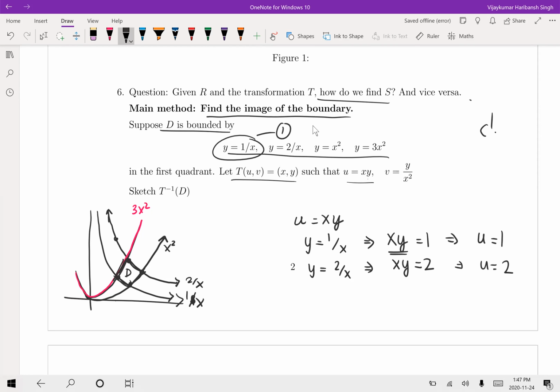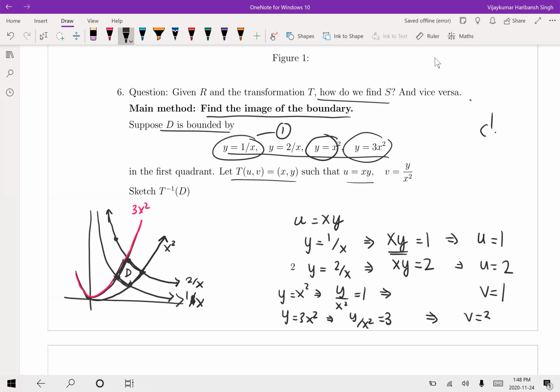Now similarly, we have v equals y over x squared. If you look at this one, y equals x squared gives y over x squared equals 1. That implies this boundary is transformed to v equals 1. And y equals 3x squared gives y over x squared equals 3, which gives v equals 3.